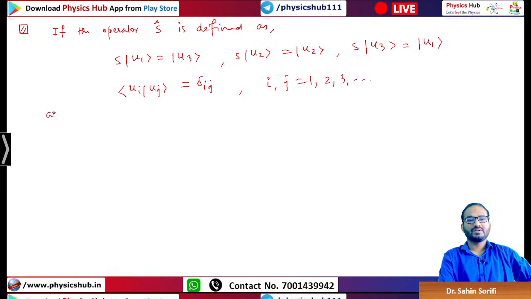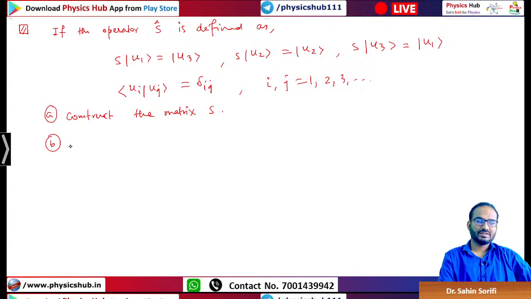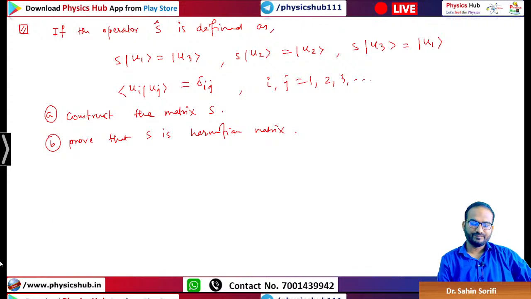So the first thing you have to do is construct the matrix S, and furthermore, once you are done with it, you have to prove that S is a Hermitian matrix. Okay, can you do this? Give it a try.